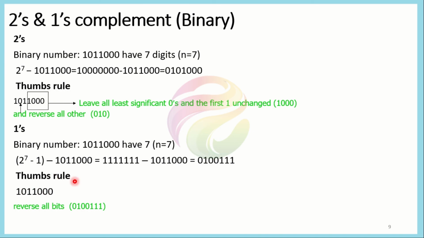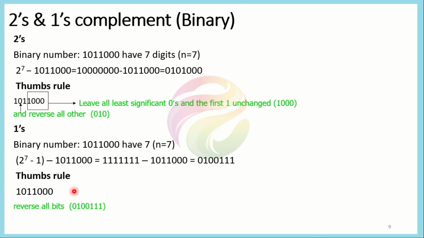So by using this method instead of applying the formula, it is very easy to calculate the ones complement. And if we are required to calculate the twos complement, we first calculate the ones complement, and then we just add a 1, which will result in the twos complement. Similarly, for the decimal case, you have seen that the nines complement is easy to calculate because we have to subtract each digit from 9.